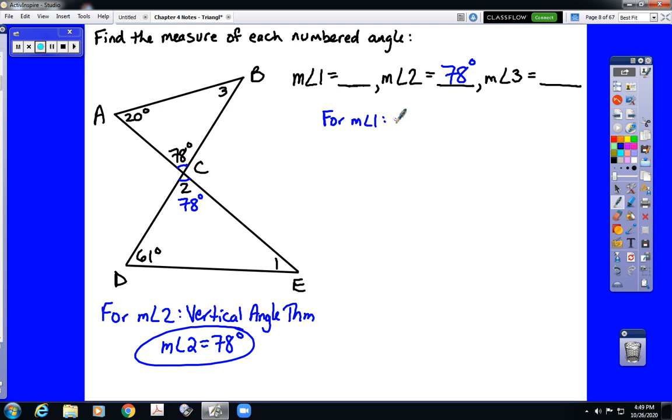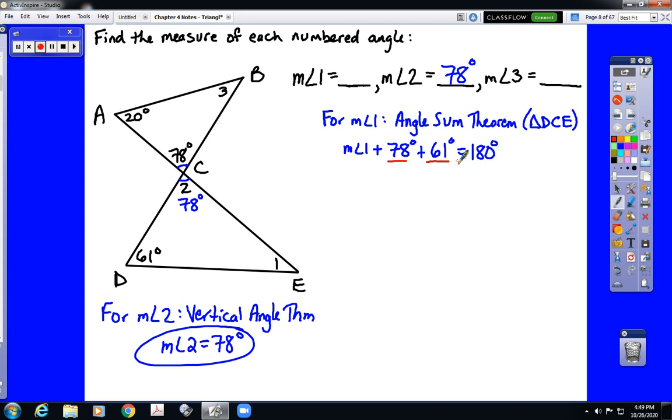For the measure of angle 1, we're going to use the angle sum theorem on triangle DCE. In that triangle, we have that the measure of angle 1 plus the measure of angle 2, which we've just said is 78 degrees, plus the measure of angle D, which is 61 degrees, is equal to 180.